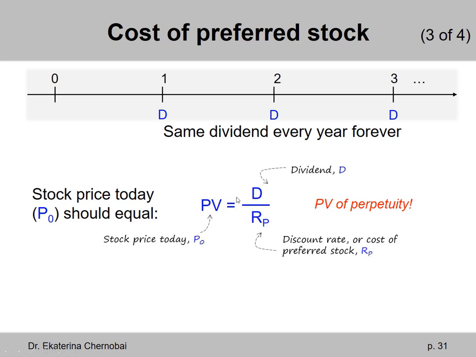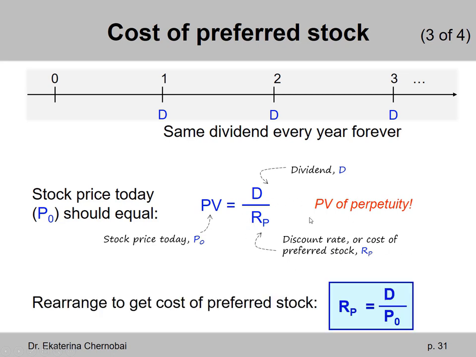From chapter 6, in which we looked at the calculation of a perpetuity present value, we need to take the repeating cash flow amount, which is the dividend for our preferred stock, and divide it by the discount rate, capital R subscript P. That's what we denoted in this chapter. And in this chapter, the discount rate is looked at from the perspective of the firm that pays the dividend every year to the holders of preferred stock shares. And we call it cost of preferred stock.